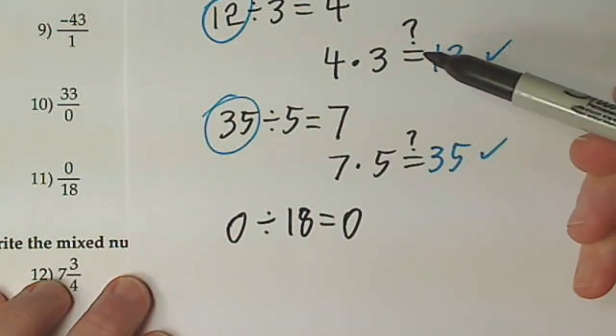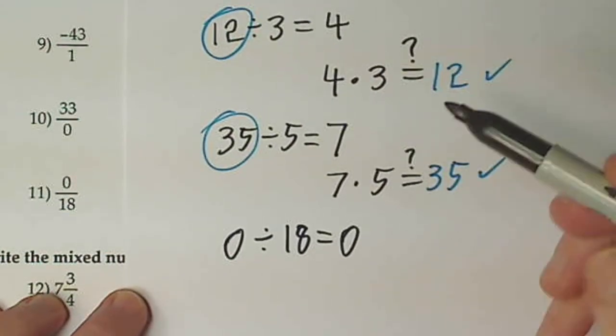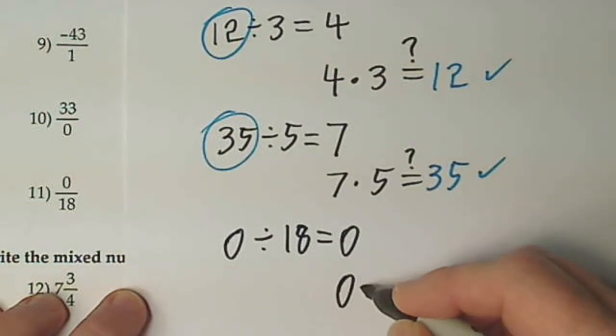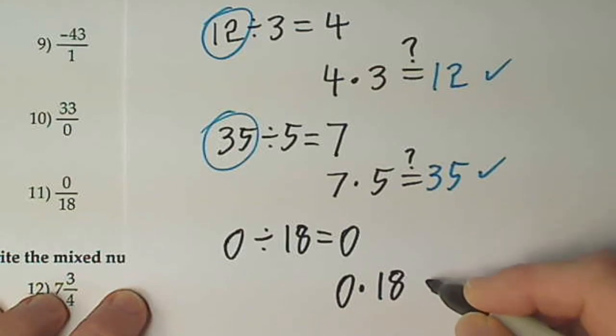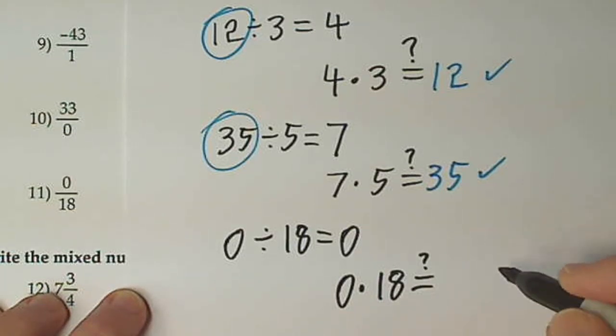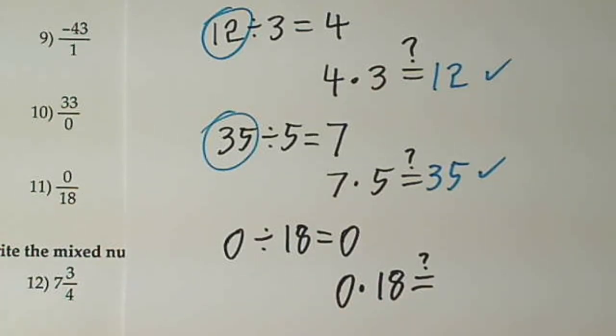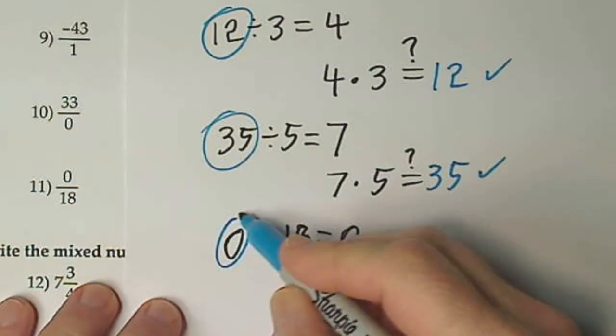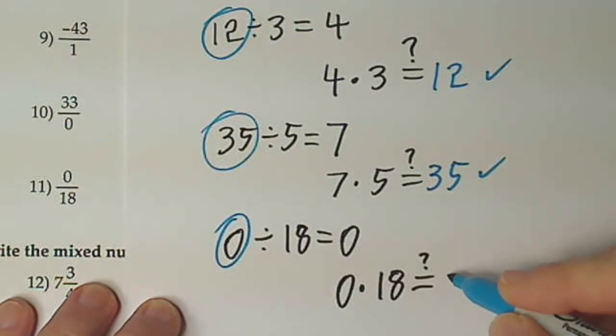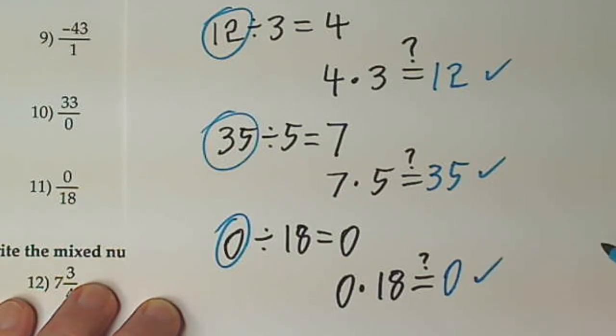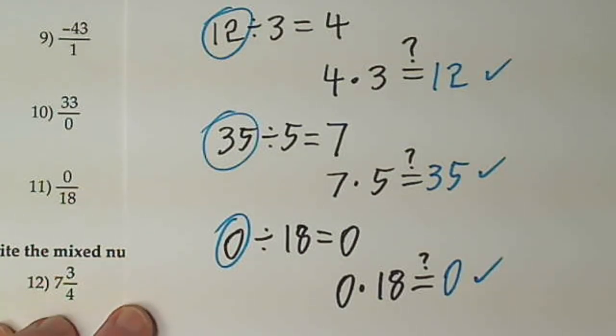Well, we have to be able to check it the same way we just checked these. So 0 times 18, does that equal 0? Yes. So that checked.